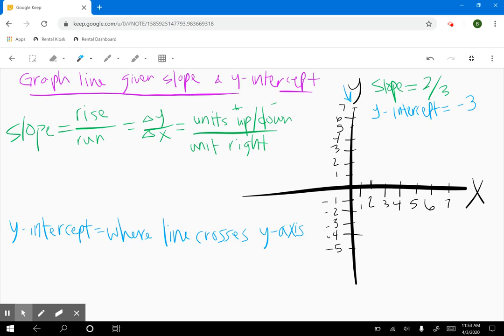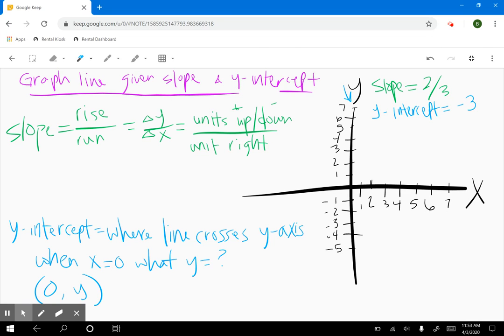Another way to think about it is when x equals 0, what does y equal? So if we want to think about it in coordinate points, we would say the point (0, ), because x will be 0 if it's on the y-axis, and then whatever the y number is in that situation.